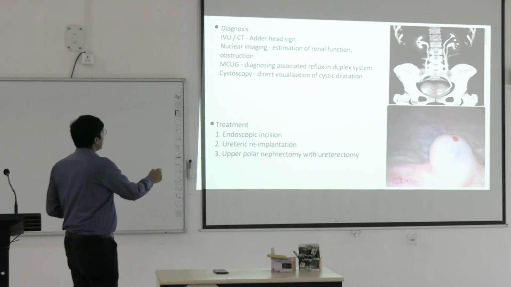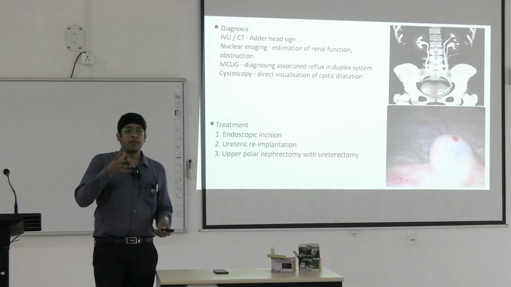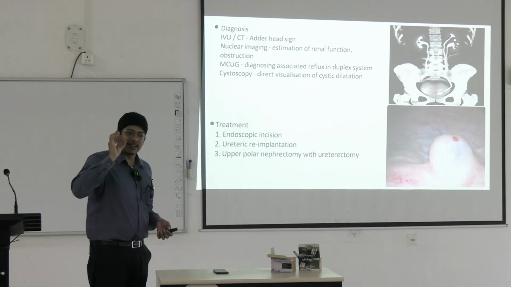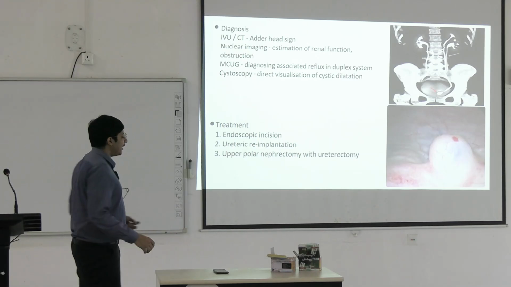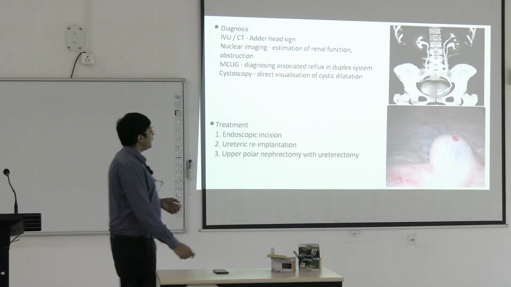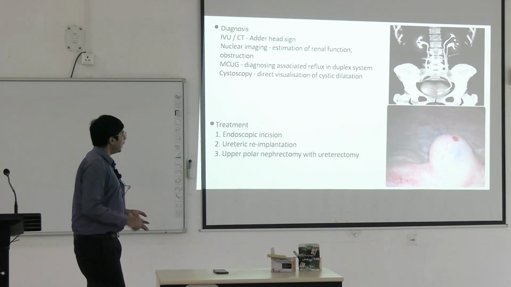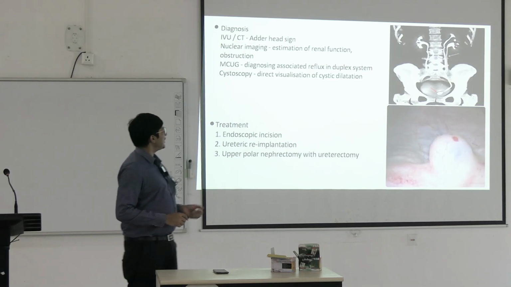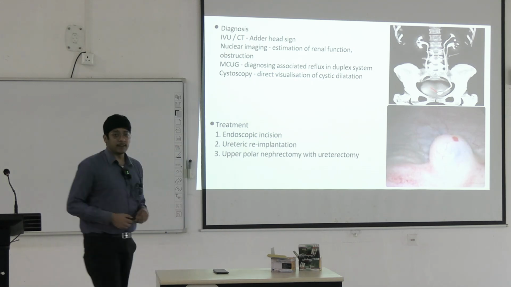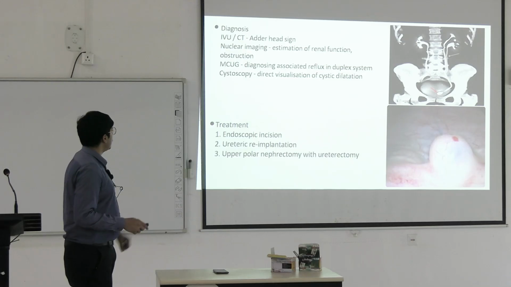So, we need to rule out that by doing a voiding cystourethrogram, which means again we put some kind of a radio-opaque dye inside the bladder, ask the patient to void, and once on voiding we take a photograph, and on voiding we take another photo to see whether there is any reflux or not. Okay. And nuclear imaging is done to see whether there is deterioration of renal function or not and whether there is any significant obstruction or not. So, this is how we evaluate a patient with ureterocele.